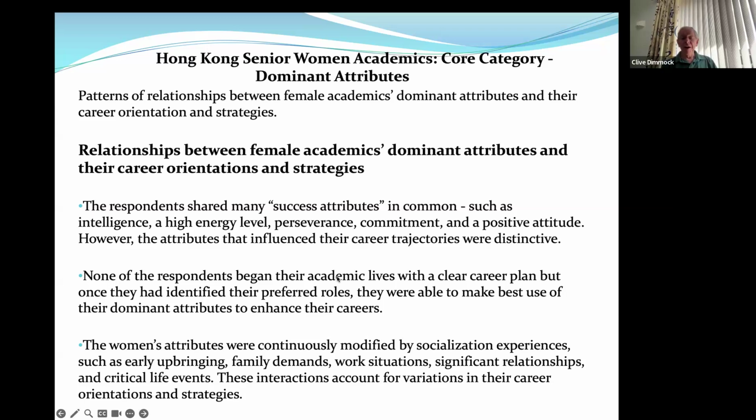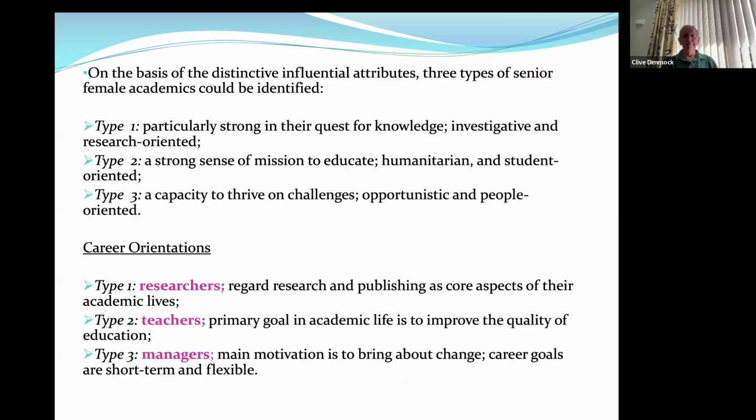But she also found that they had preferred and different strength attributes. These attributes were honed and refined through their socialization. Remember, George Herbert Mead, the symbolic interactionism, says we create meaning in our lives through interaction with others. And this was certainly the case, she argued here.